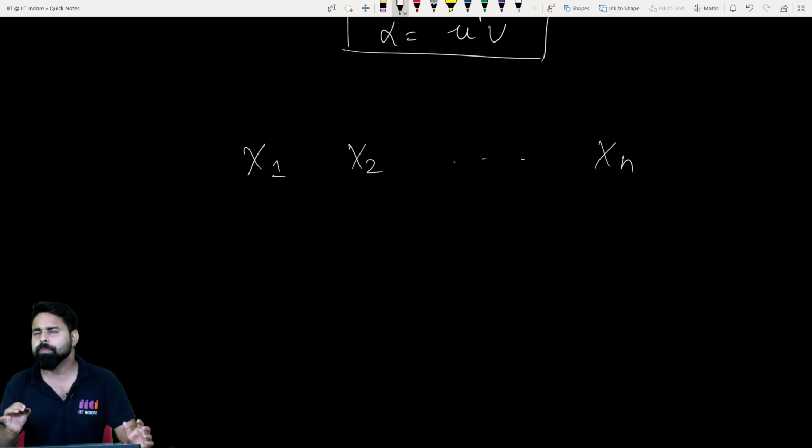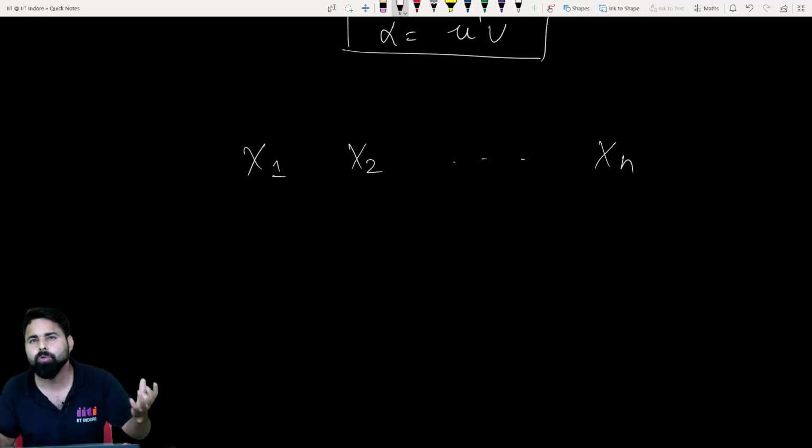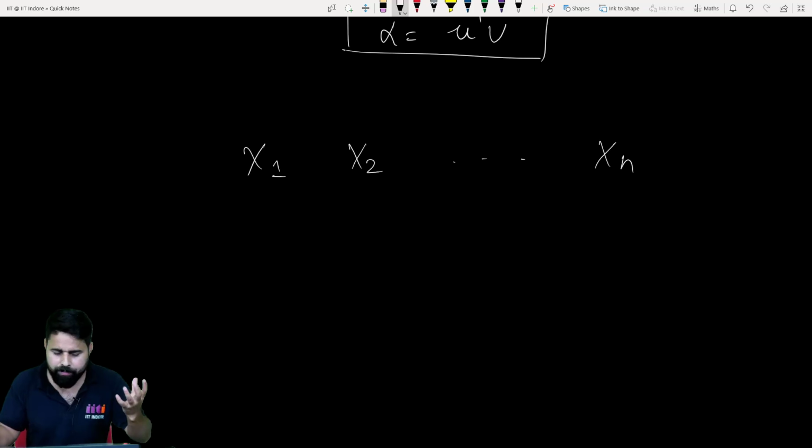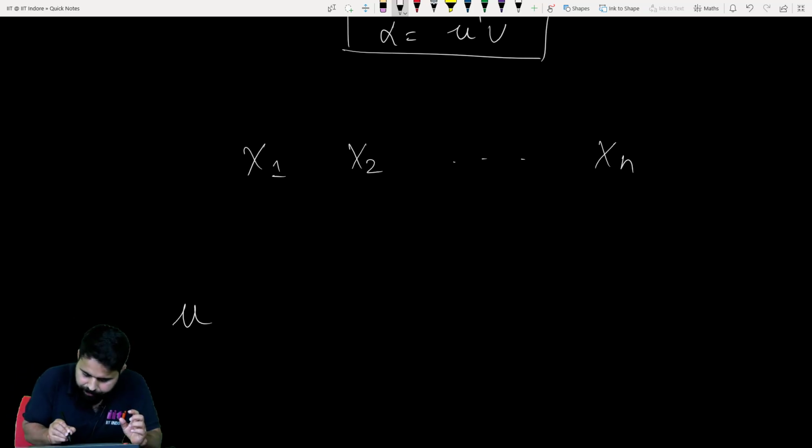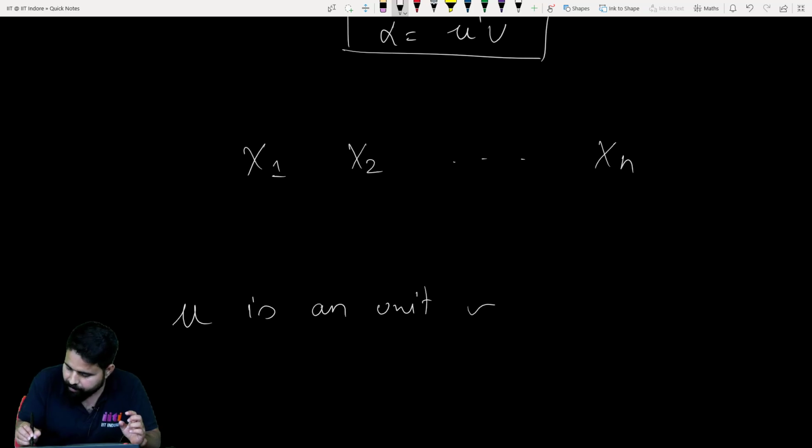What do we mean by projecting these points along some line u or some vector u? Remember, when we are projecting a point on some line like u, we have just said that the length doesn't matter. So I will take u to be a unit vector.